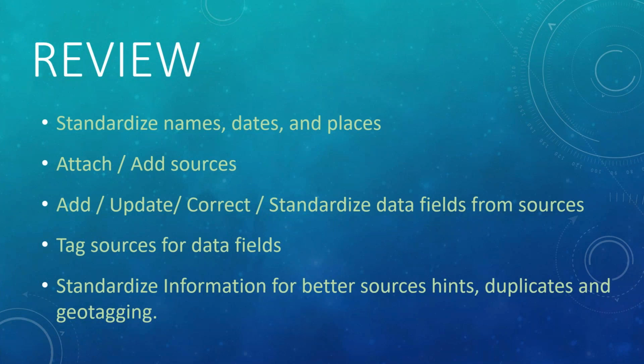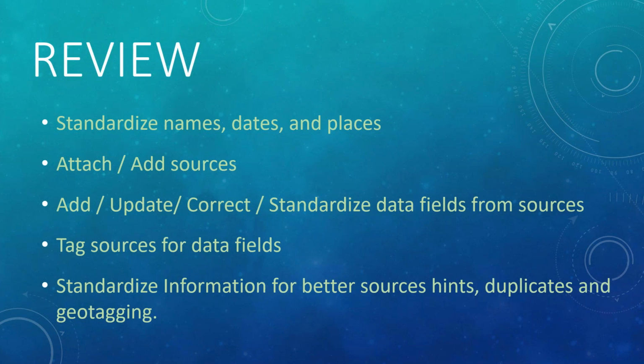So in review, I would say that the most important things are just to standardize the names, dates, and places to the correct format. Be sure to add and attach the sources that come up as hints if they're correct, and then add, update, correct, and standardize the data fields from the sources. Now, always look for records that support the information, and then tag the sources for those data fields.